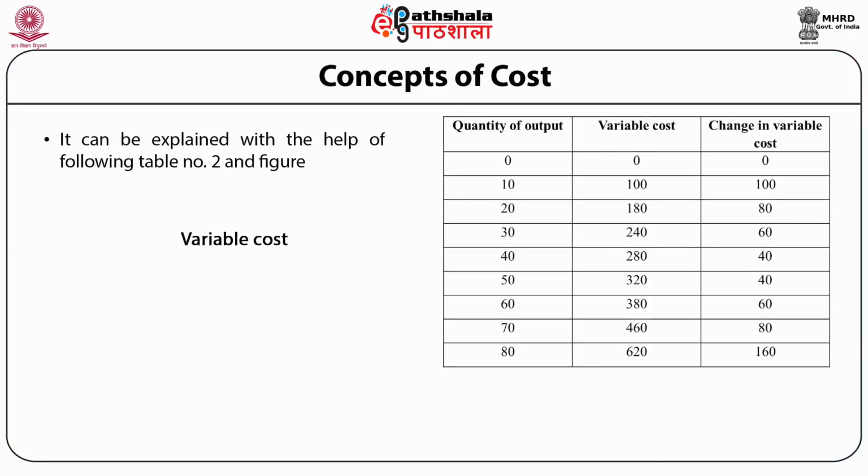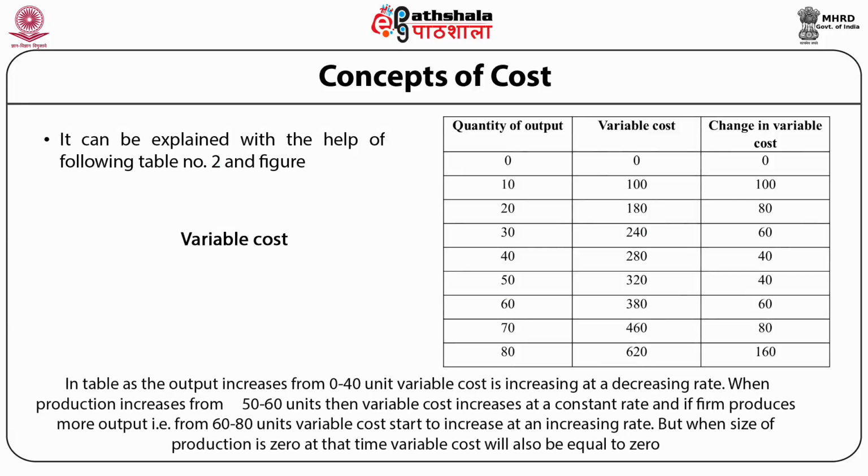In short run, variable cost includes prices of raw material, fuel and power charges, excise duty, sales tax, transport expenditure, wages of labor, etc. It can be explained with the help of the following diagram and table.